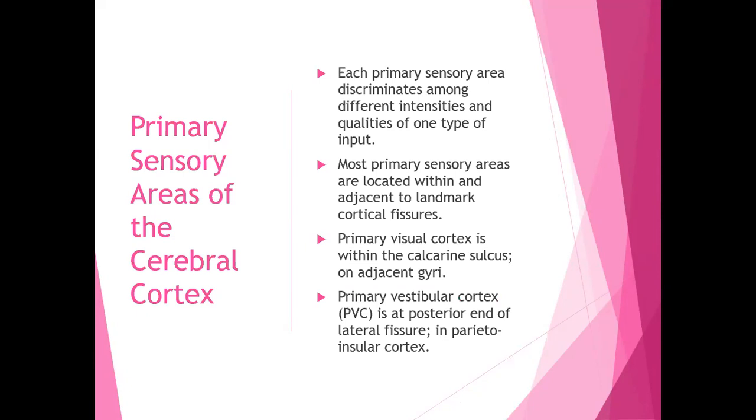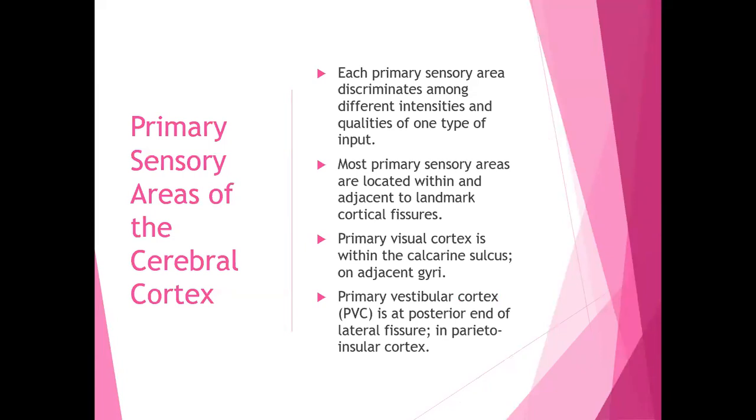Most of the primary sensory areas are located within and just adjacent to landmark cortical fissures. So if you look at the anatomy of the brain, there are some great diagrams in this chapter, in chapter 27, which will look at where the different things are located. And I have some of them in the PowerPoint that you'll see. But the primary visual cortex is within the calcarine sulcus.